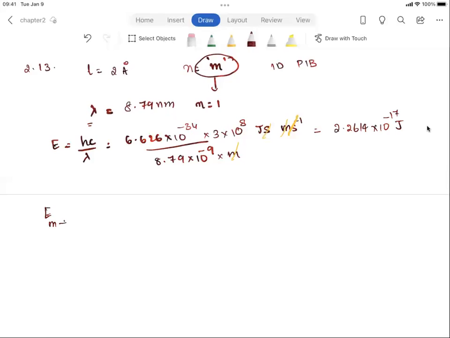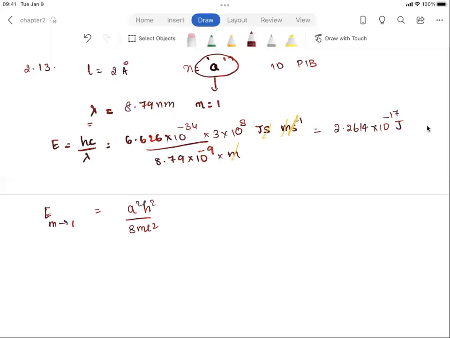However, we also know that the energy corresponding to the transition between state M and the ground state 1 is going to be M squared minus 1 times h squared over 8mL squared. Oh no, M is actually also not a great choice, so I'm just going to call it A to avoid any confusion.